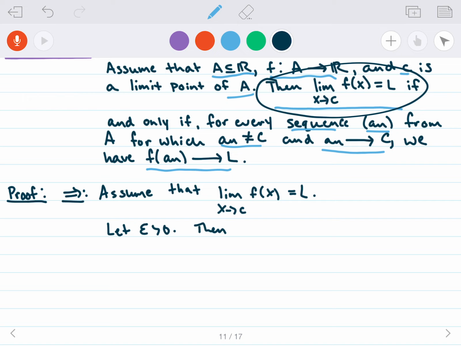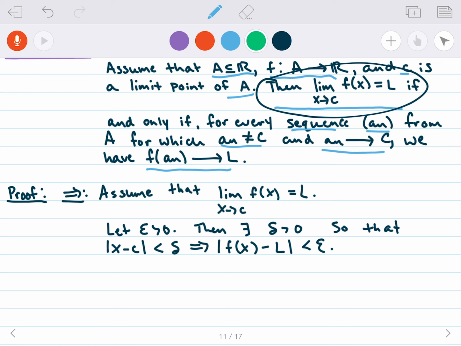Then, by the definition of the limit, there exists a delta bigger than 0 so that |x − c| less than delta is going to imply that |f(x) − L| is less than epsilon.